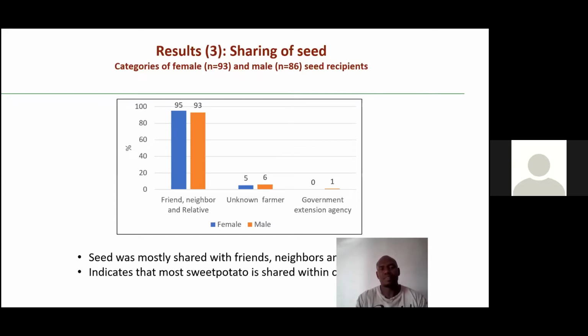And this is an indication actually that the seed system is very closed, and there is receiving, acquisition, and sharing of seed within close relations.